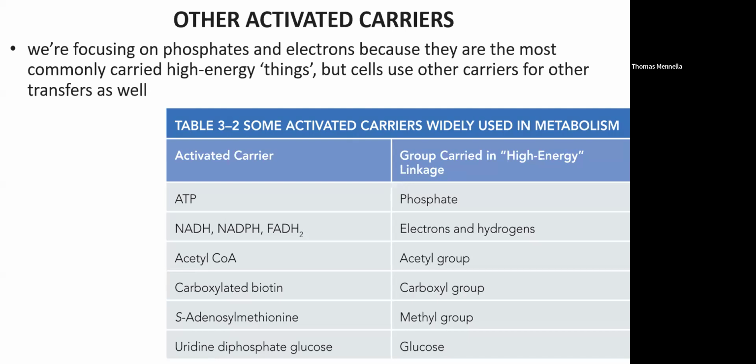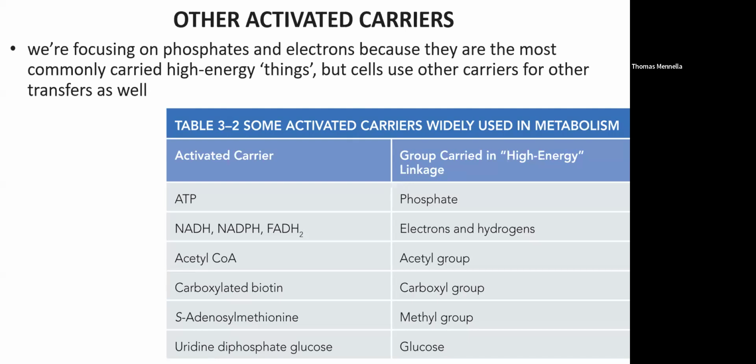Well, acetyl-CoA, and CoA specifically, is an activated carrier for acetyl groups. Acetyl groups contain energy. It's the energy that we release by the citric acid cycle. So CoA is the carrier, and when that carrier is activated, it's carrying acetyl. Carboxylated biotin is an activated carrier. The high energy group is a carboxyl group. Biotin is the carrier.